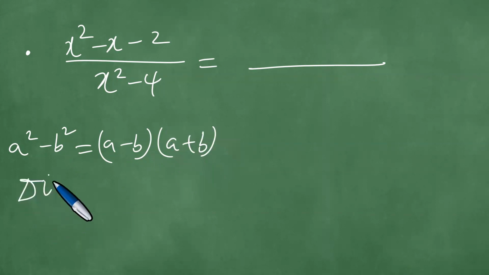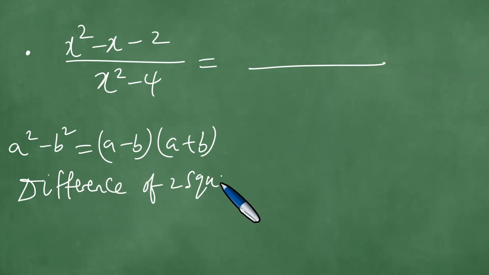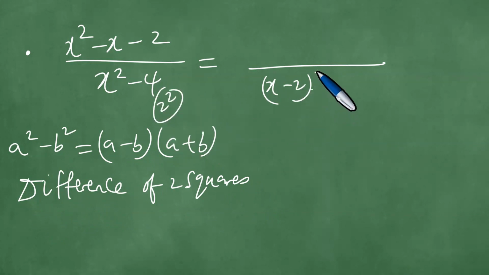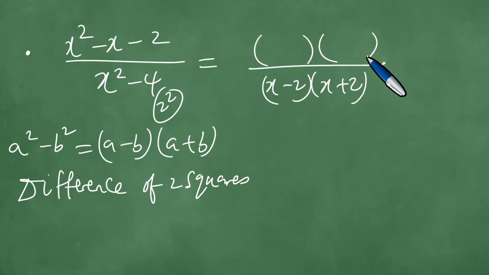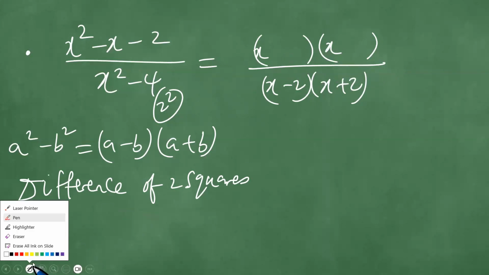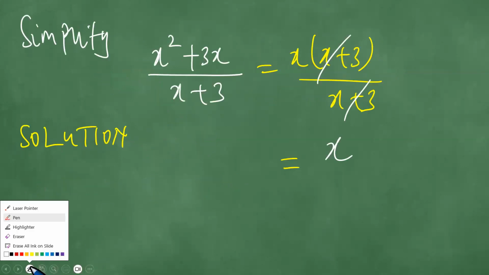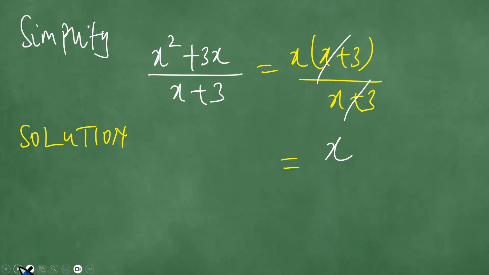This is the difference of two squares, right? So this is exactly x minus 2, because 4 is 2 squared, and then x plus 2. The factors of the top, you can quickly see, start with x and x. And then what, Leander?